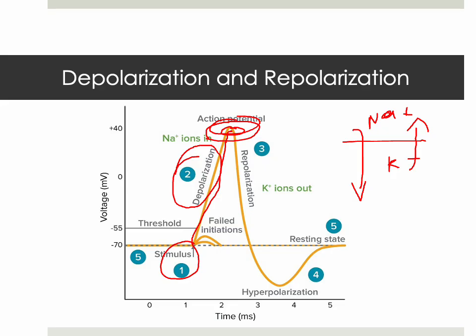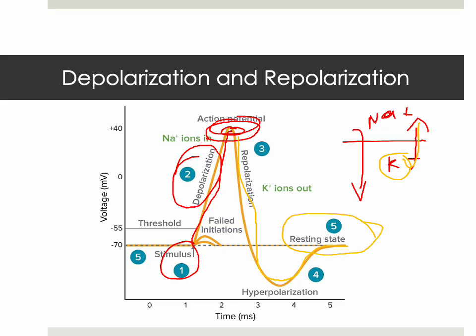And this is when the repolarization happens, and this is when potassium is going to go out of the intracellular space enough that it's going back to a resting state. And there's a point where the hyperpolarization happens, but it's going to be until things get equaled out, and then we go back to a resting state.